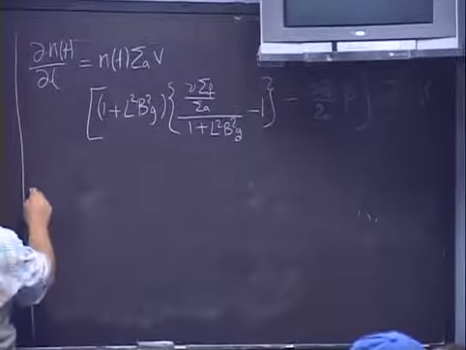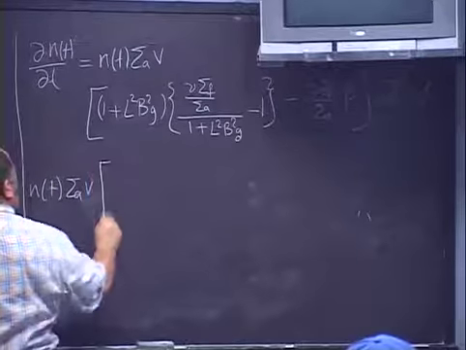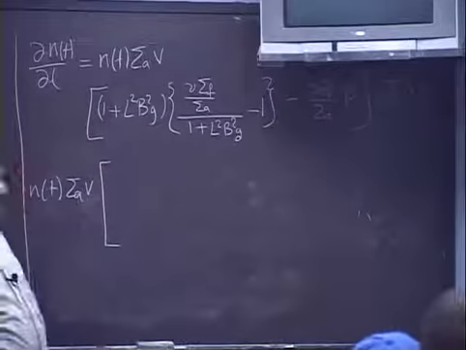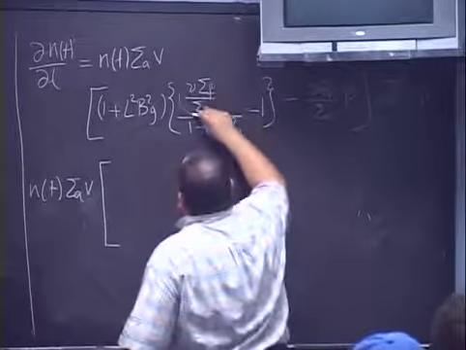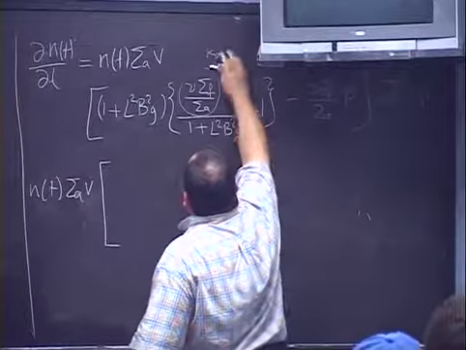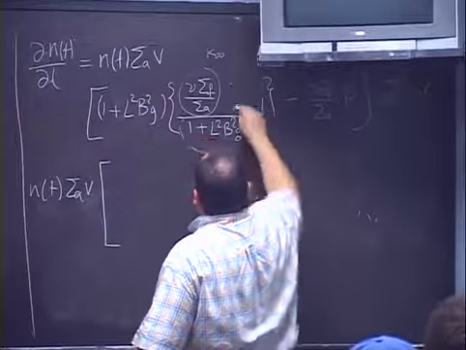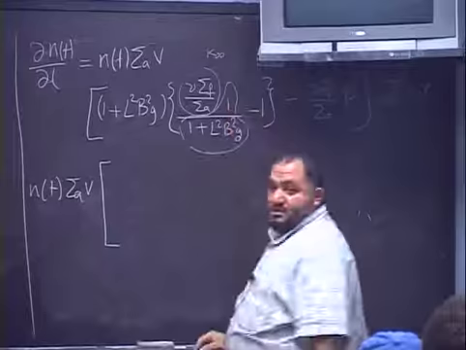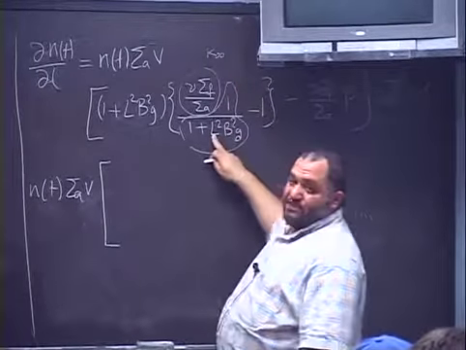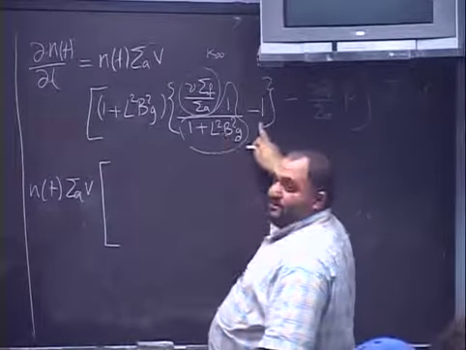So this will be N of t sigma absorption V. What's this? K effective minus 1. This is K infinity. And this is the probability of non-leakage. So K infinity multiplied by the non-leakage probability is K effective minus 1.